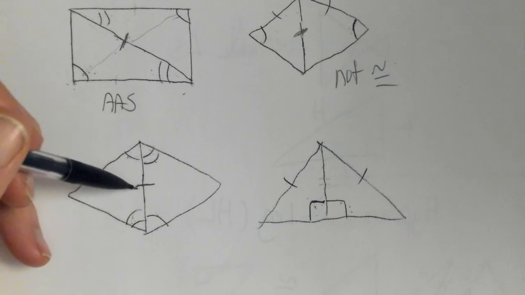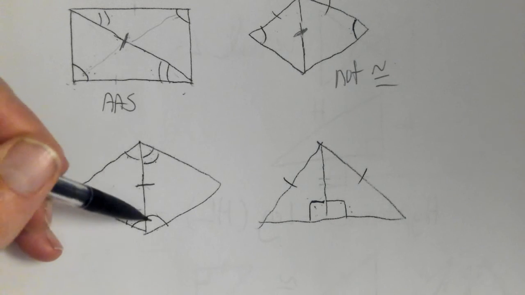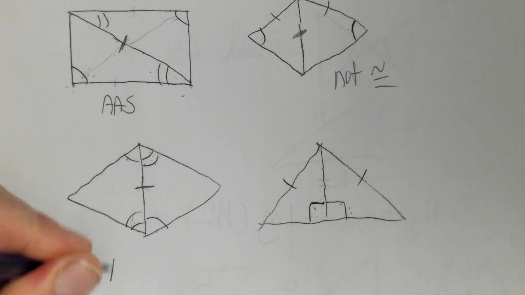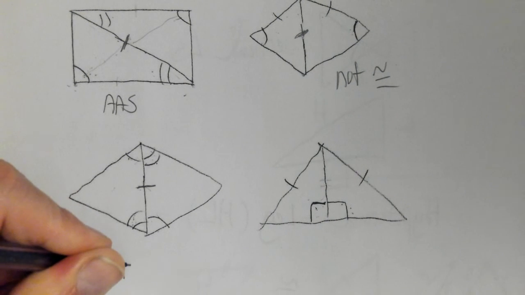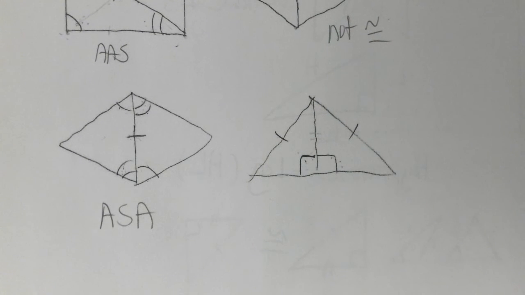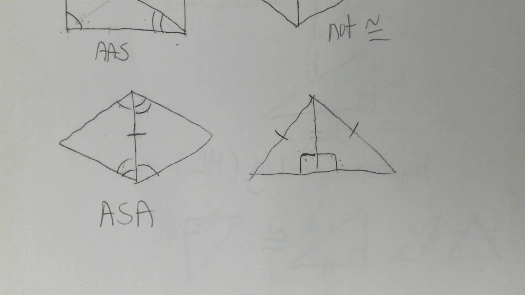Two angles and an included side. It's angle, side, angle for both of them. And so since the pattern matches on both triangles, angle, side, angle is going to be the correct answer here. So again, it's just about your ability to recognize whether or not you have the pattern of one of the theorems that we've looked at.